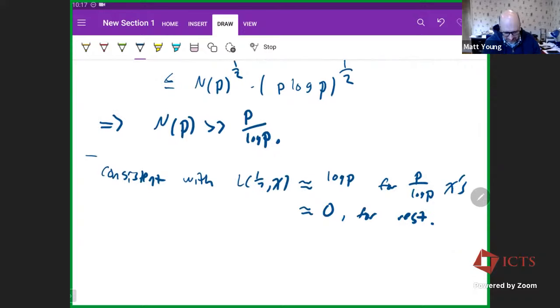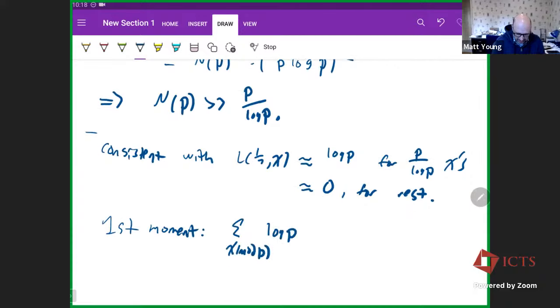So imagine the L functions are equal to 0 for all but P over log P chi's, and for those, let's say it's equal to log of P. The first moment in this crazy model would be the sum over chi mod P of log P, but only over the chi's where the L function doesn't vanish, and there are P over log of P of those. So this would be P over log of P times log of P, which is size P.